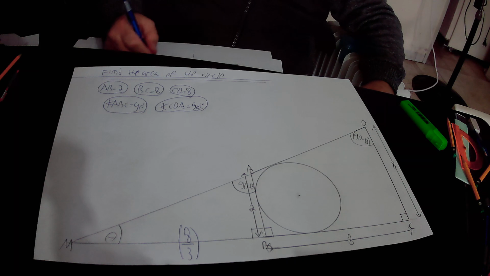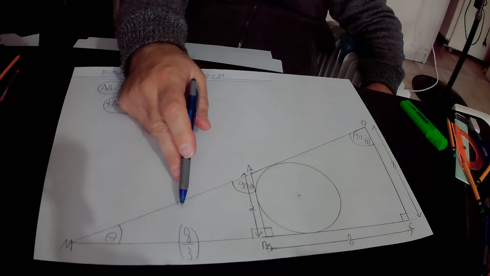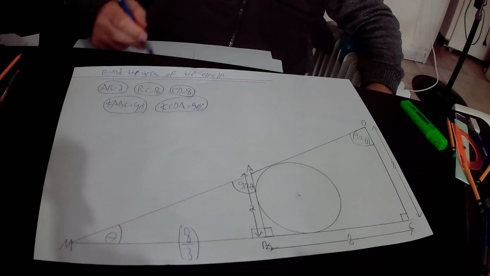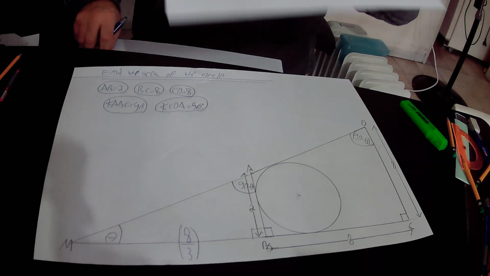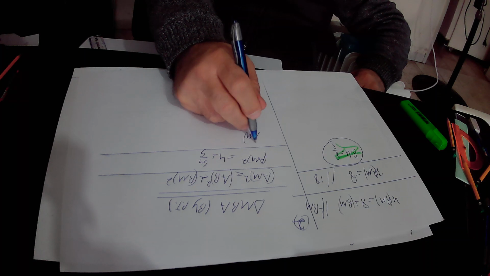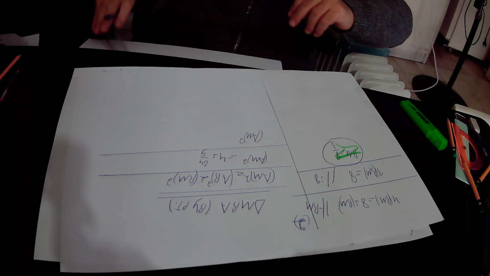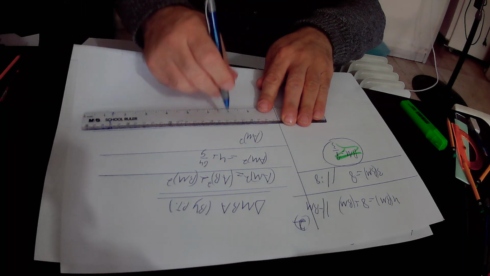AB is 2, therefore AB squared is 2 squared, that is 4, plus BM squared. BM is 8 over 3, therefore BM squared is 8 over 3 squared, that is 64 over 9. So in conclusion, AM squared equals 4 plus 64 over 9.